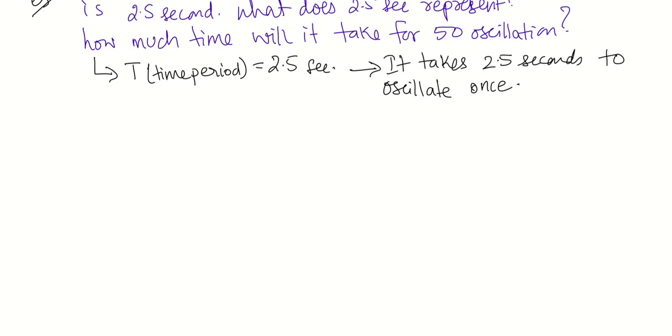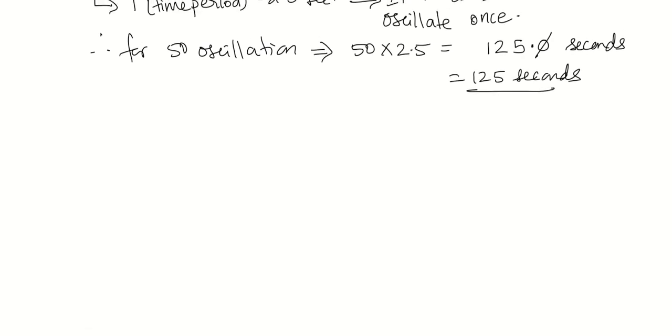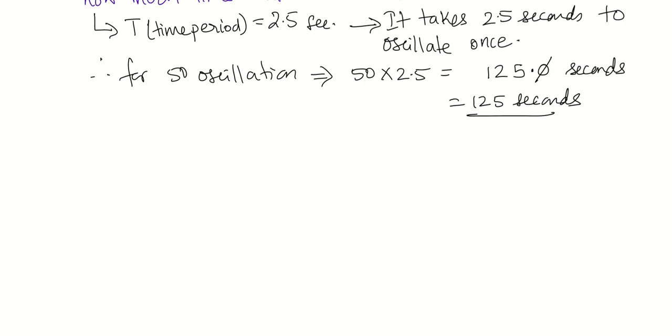So if it takes 2.5 seconds for one oscillation, 50 will be how much? Therefore, for 50 oscillations, it has to be 50 times 2.5, which is 125. So it will take 125 seconds. This is very important for us. You have to understand the concept here. That's very important. So now we know exactly what we are trying to understand here.